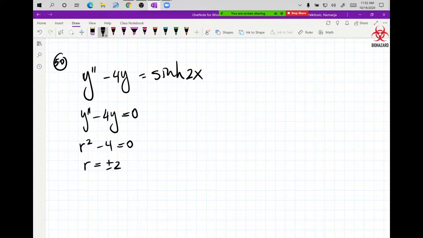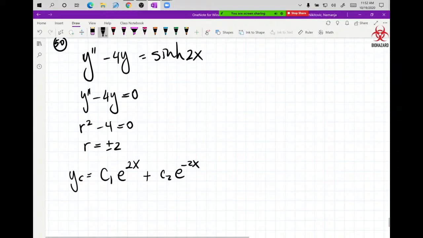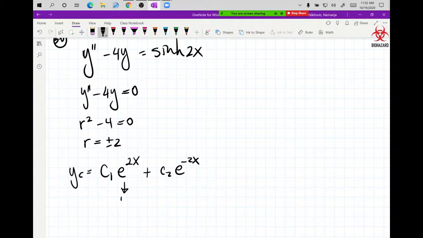What that gives you is that yc solution of c1 e to the 2x plus c2 e to the negative 2x. And hello, y1 and y2.